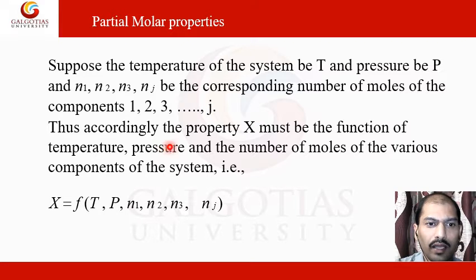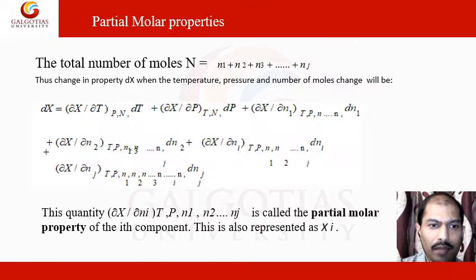Then the property x will be a function of temperature and pressure as well as the number of moles of various components. This can be represented with the help of this equation: x equals a function of temperature, pressure, and the numbers of moles n1, n2, n3 up to nj.